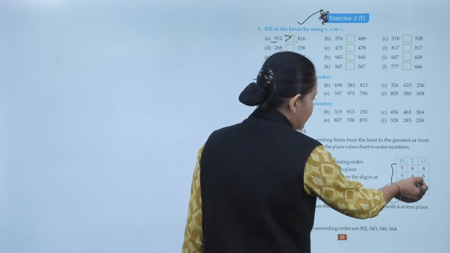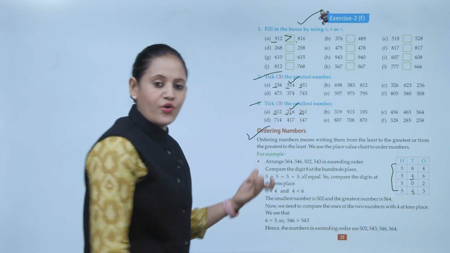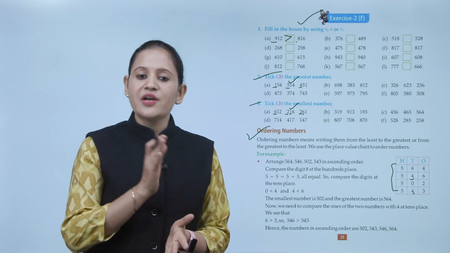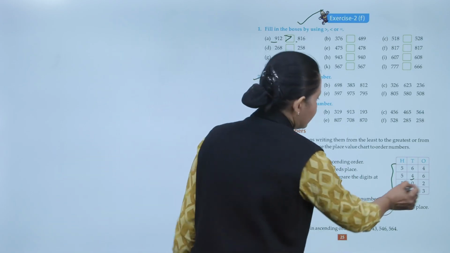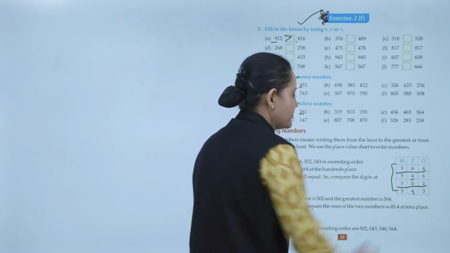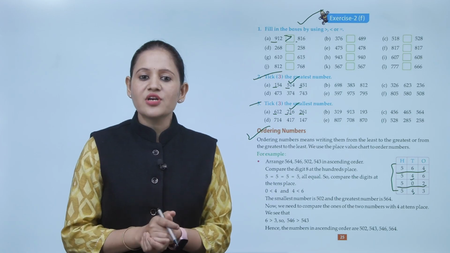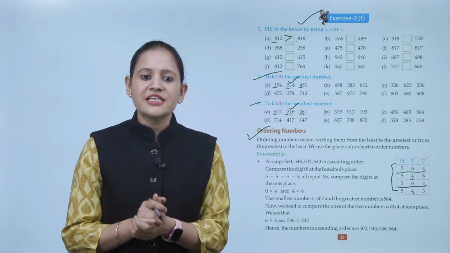यहाँ पे ये दोनों सेम है, but अगर इन दोनों को compare करें, so 4 is less than 6. So the smallest number क्या हो जाएगा, that is 502 and greatest number क्या हो जाएगा, 564. This is the smallest and this is the greatest, this one. Clear? Now we need to compare ones in the two numbers with 4 at tens place.